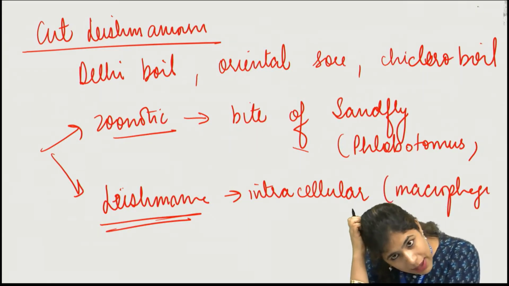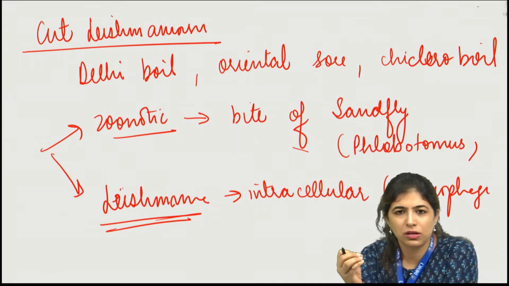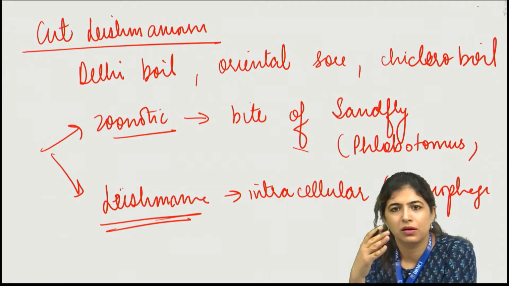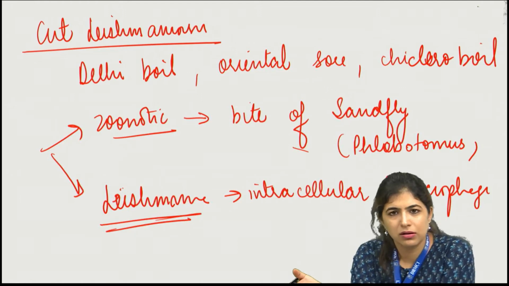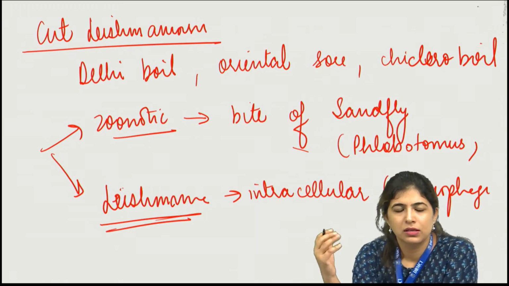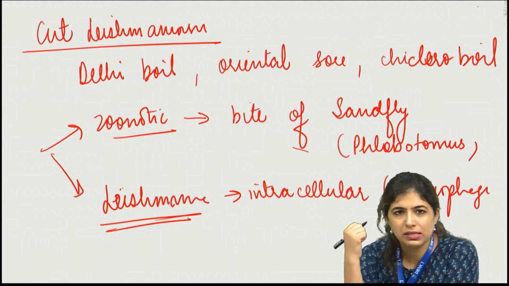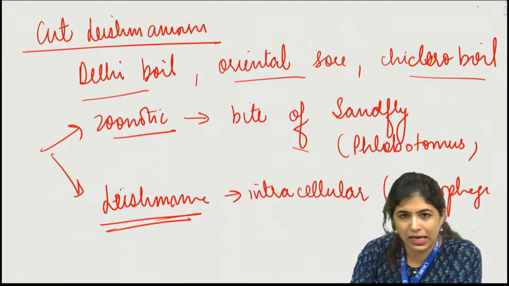So what actually happens is, this is the promastigote form living in the sandfly. When it bites, it gets transferred to the blood, develops into the amastigote form, leading to the infection in the skin. This is your cutaneous leishmaniasis, also called by these names.